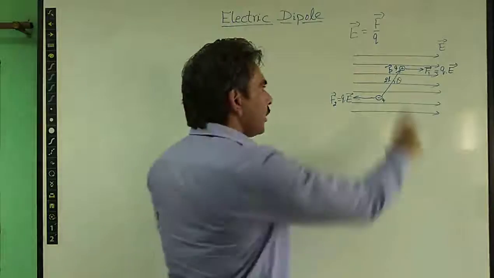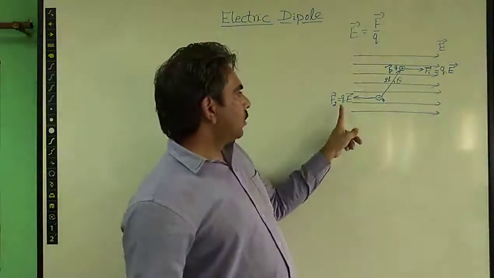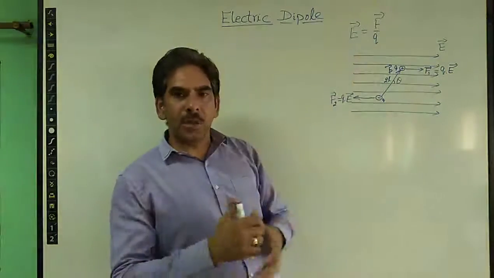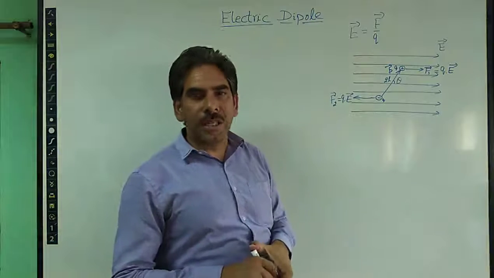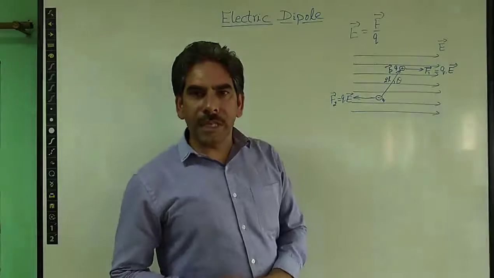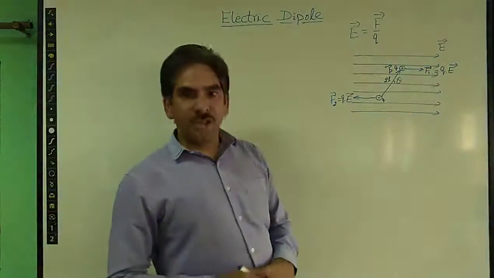Due to that, this dipole will start rotating. So this set of two forces acting on the two charges in opposite directions along different lines of action, these electrostatic forces, will give rise to what we call the moment of the forces, or torque.